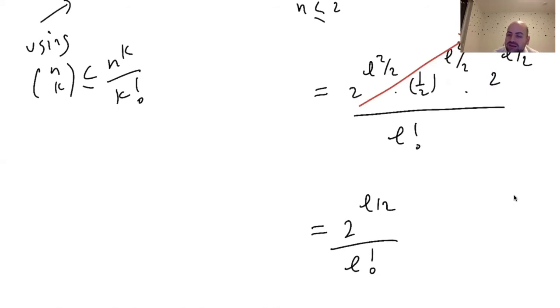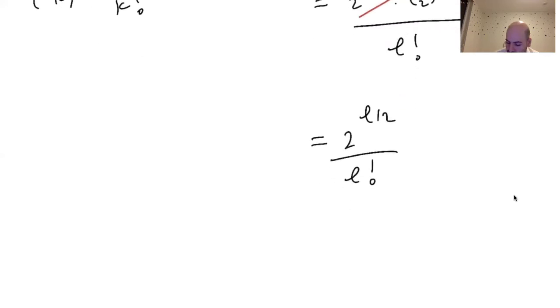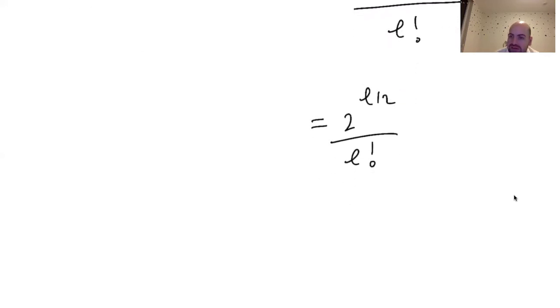Now, what happens now? Let's take the limit as n goes to infinity. As n goes to infinity, what happens to L? Well, of course, L goes to infinity as well. What was L? L was the ceiling of 2 log n in base 2. So as n goes to infinity, L goes to infinity.